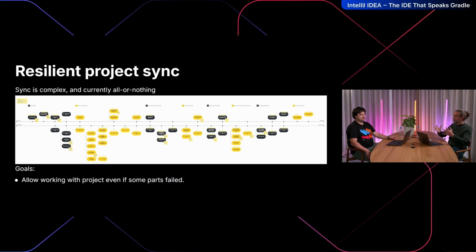As soon as you have the build structure, you can already have some things highlighted in the IDE. As soon as you have the sources, you can set up the compilation unit and you get code highlighting and so on. And then later on you will get the dependencies resolved, and so on. So the idea is that the process is a streaming process instead of a big request-response thing.